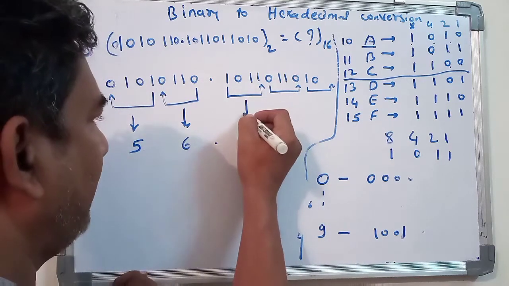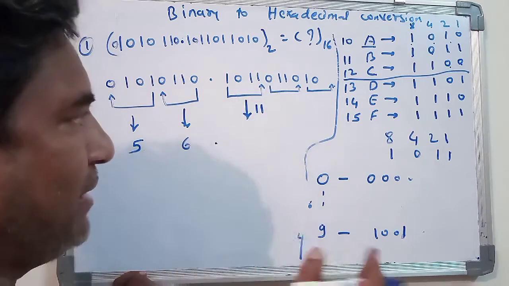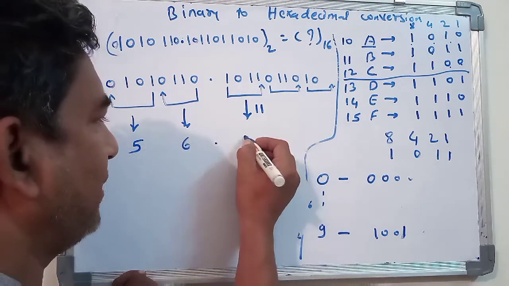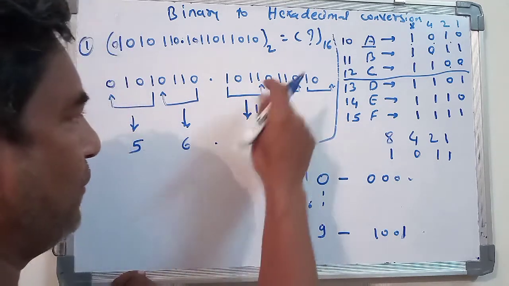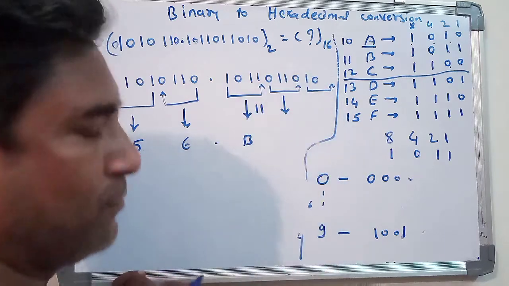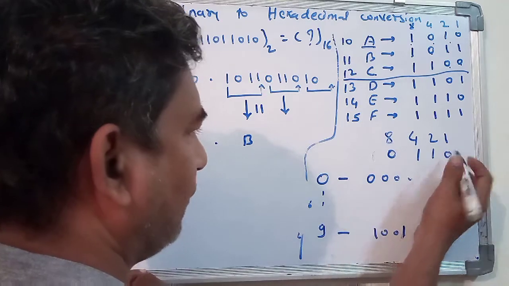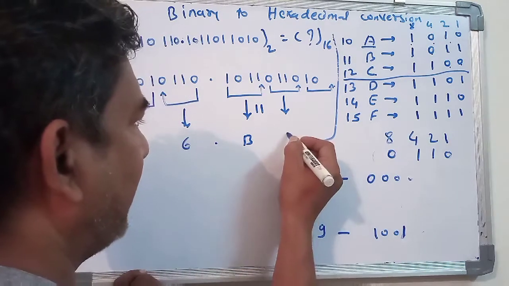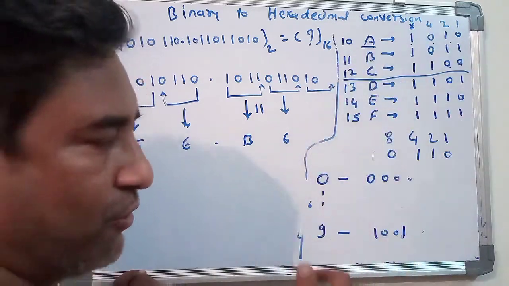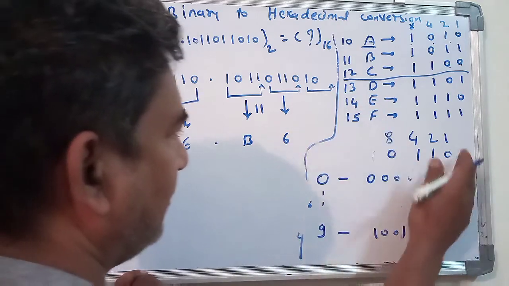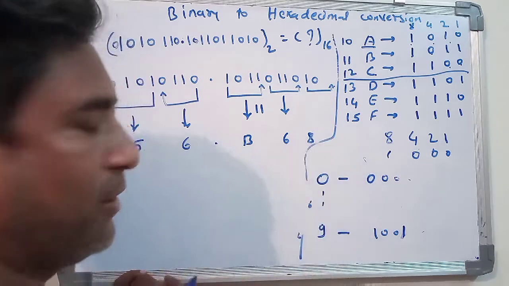So you get the value 11, but that 11 in hexadecimal is called B. Then 0 1 1 0: again 4 plus 2, you directly get the value 6. Then 1 0 0 0, there will be a 0 at the end. This 1 0 0 0 gives the answer 8. Here you write down 8.